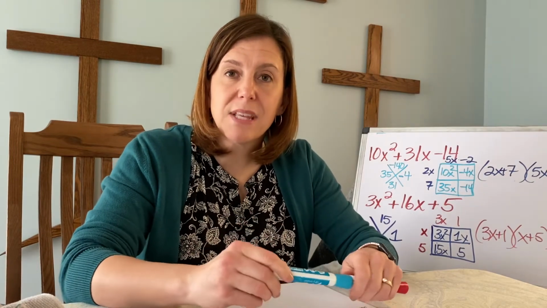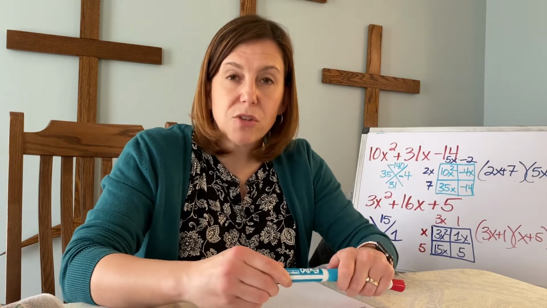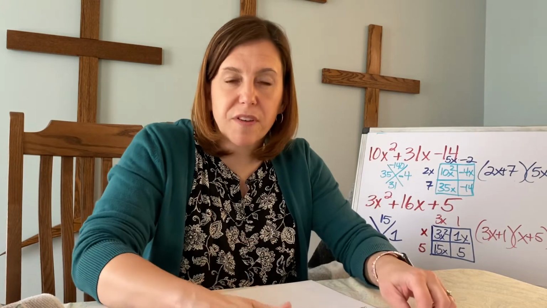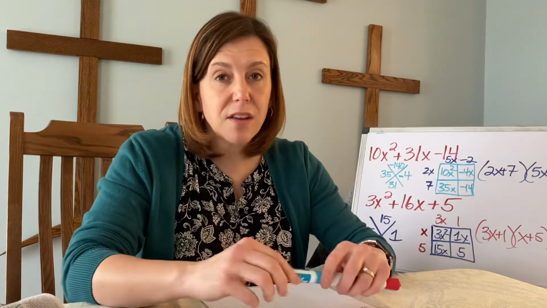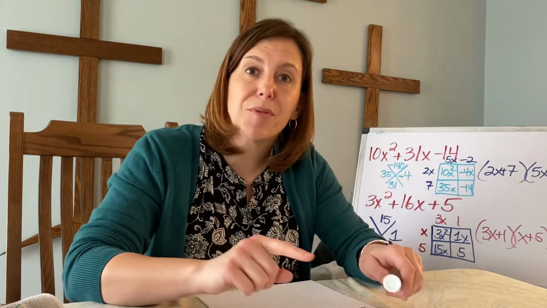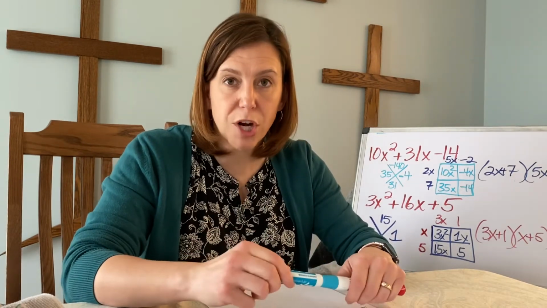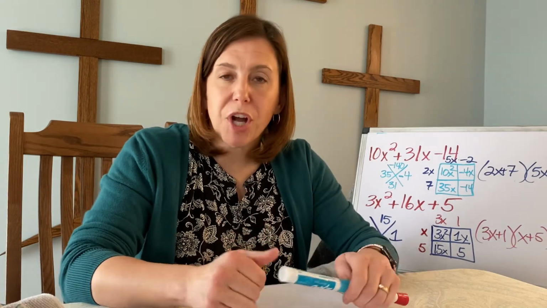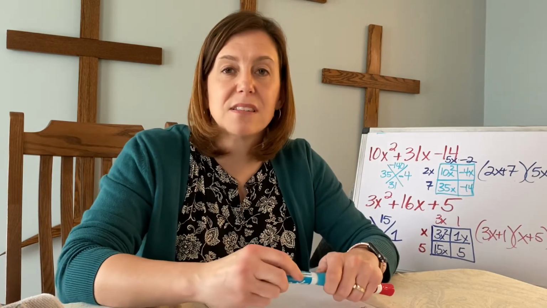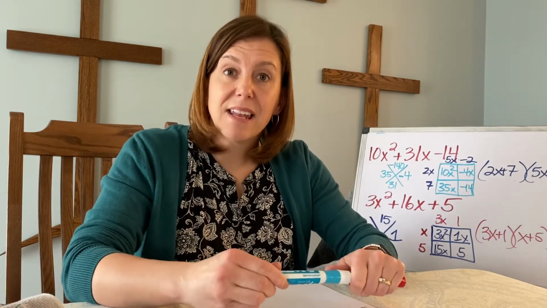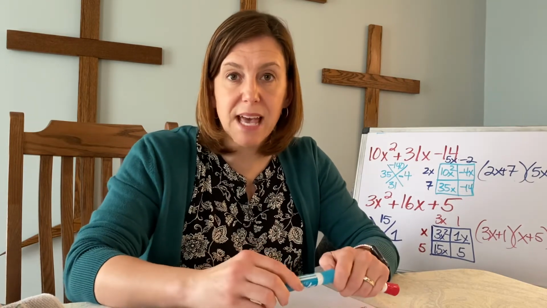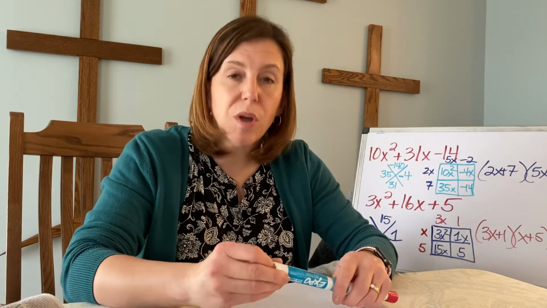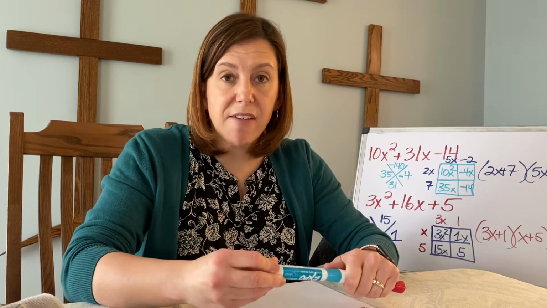I also included the answers for those on RenWeb, so you can check that you're getting them correct. Once you're feeling comfortable and ready to move on, instead of Khan Academy, I want you to do 2 through 10 evens from the same worksheet. So that would be 5 problems. You would just do the work on a piece of paper and send me a picture of it instead of Khan Academy. That assignment is clearly described again in our lesson plan section of RenWeb, and this will be due Tuesday, April 28th at 5 o'clock.